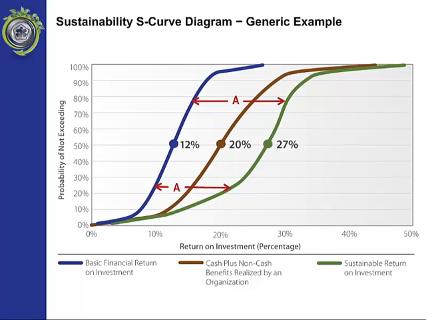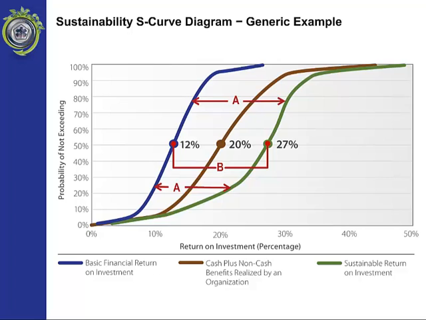In this example, the sustainable return on investment is more than double the traditional return on investment over most of the risk profile. B shows the effect of an SROI analysis on the financial metric versus the FROI analysis at a specific probability. In this case, the 50% risk probability or mean is the decision point.